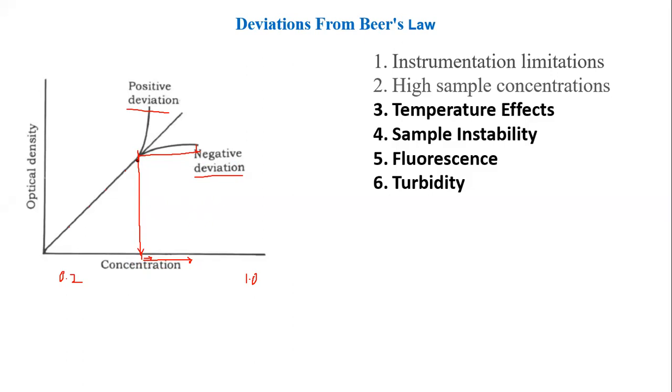So whenever situations like this start to happen, where Beer's law doesn't seem to be obeyed, there could be certain reasons behind it. The first or primary reason could be instrumentation limitations. That means your instrument is at fault in the sense that somehow it is not able to read the extent of absorption in a better way.